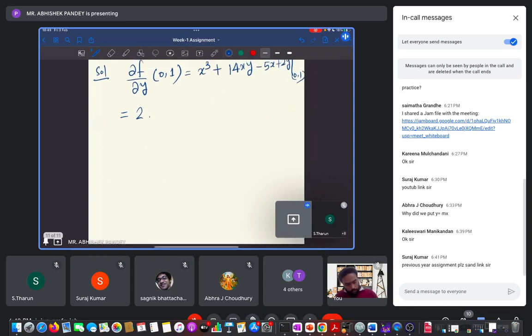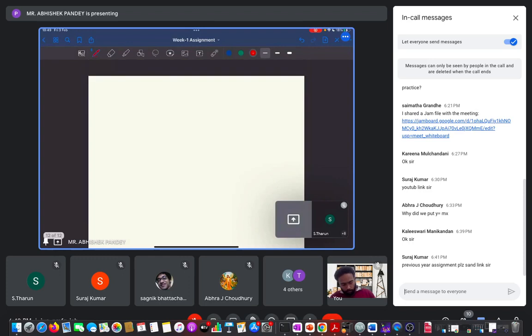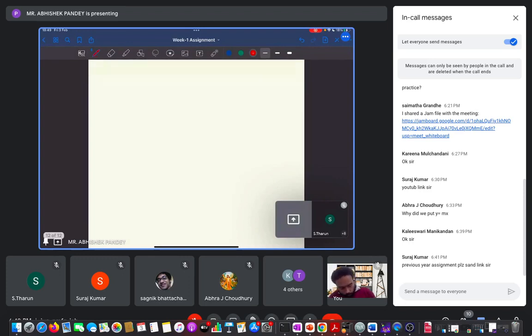Now let us see some facts about directional derivatives. Let f of x comma y be equal to x cube upon x square plus y square when x comma y is not equal to 0 comma 0, and 0 when x comma y equals 0 comma 0.